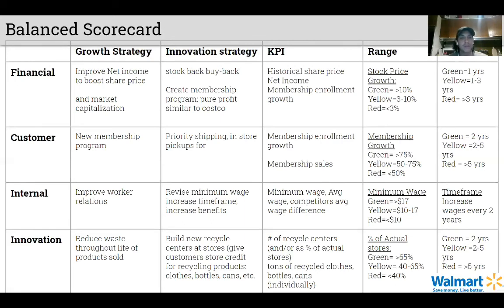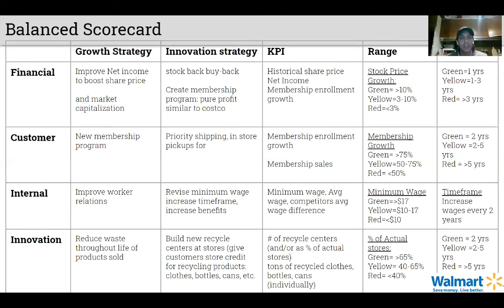Furthermore, we also have the customer and financial perspectives. For the customer perspective, we want to create a new membership program that gives members more priority and greater benefits in their shopping experience. This translates into our financial portion, as we have struggled with a very stagnant share price historically.